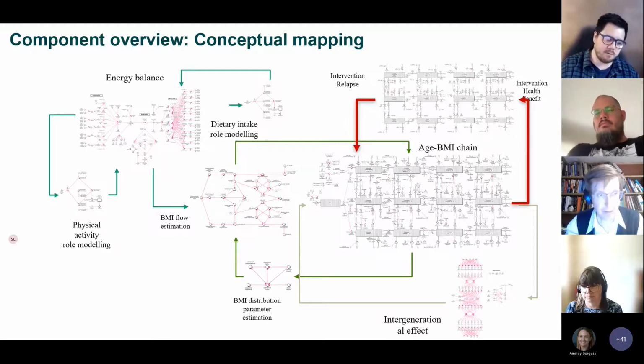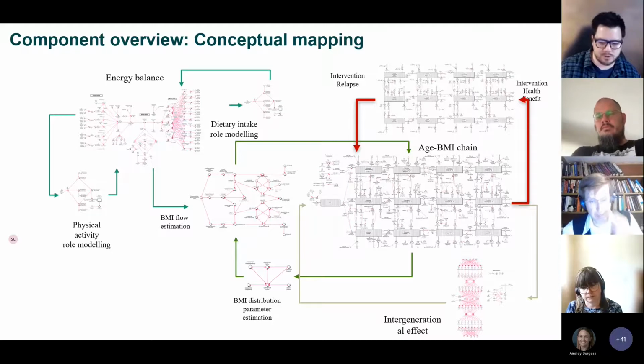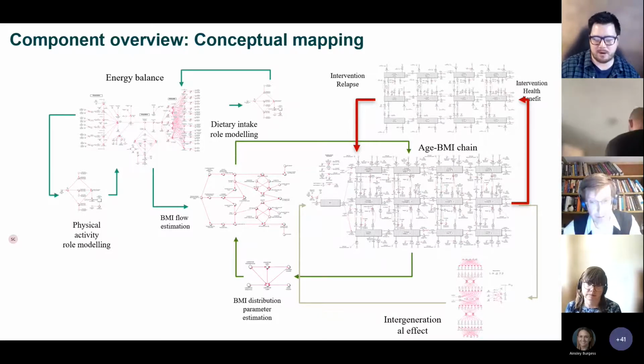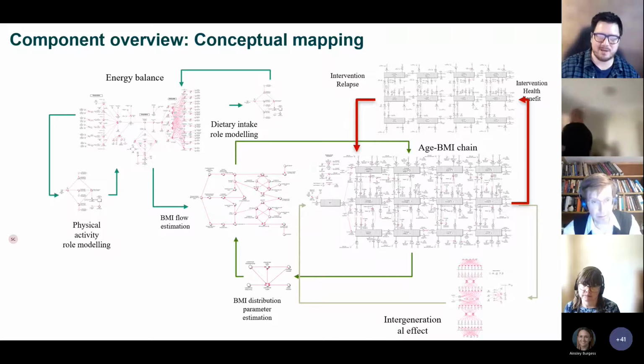As we intervene on the population, the people that have been diverted from higher BMI categories or have been reduced from their current BMI categories are captured in this relapse structure, and then we can better understand how we might hypothesize relapse occurring in the population.